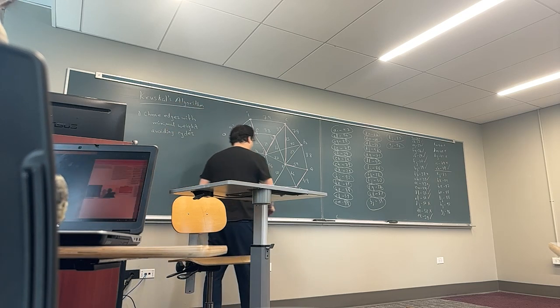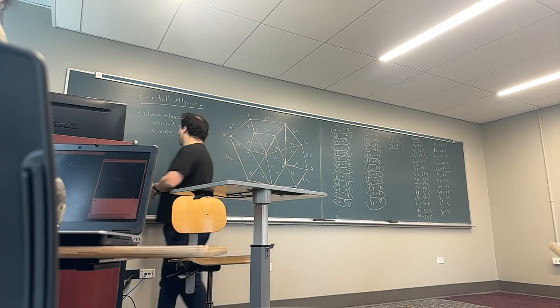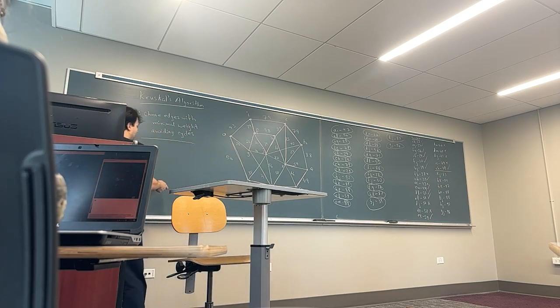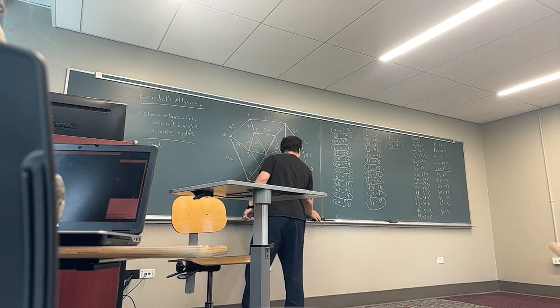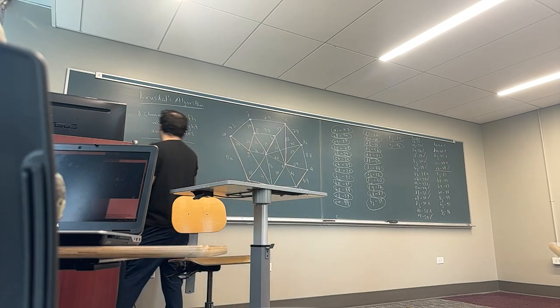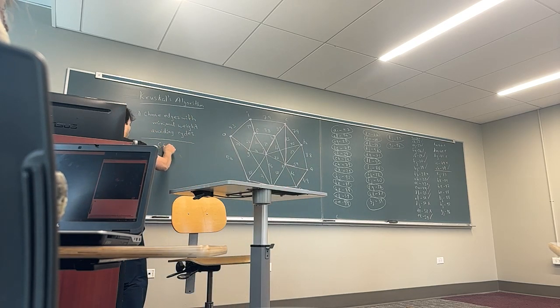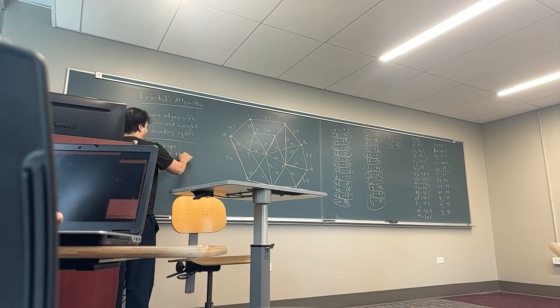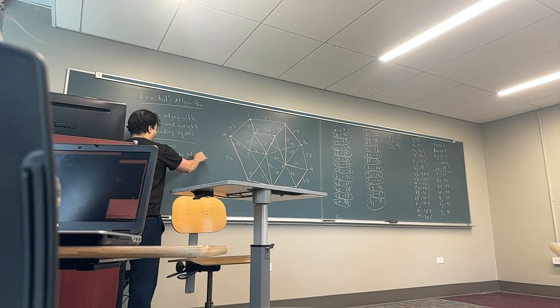So if you want to see it in pseudocode, the steps of the algorithm are: first you sort the edges by weight.